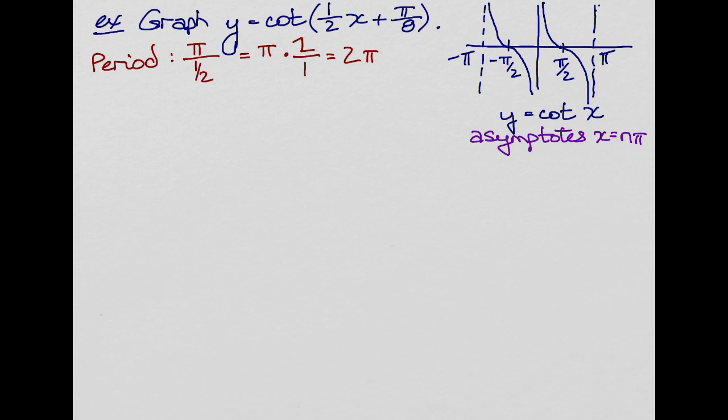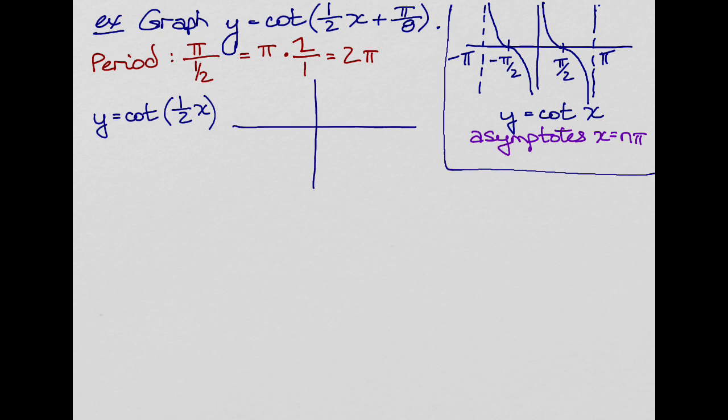Well, all right, let's see what we have so far then. If I do just y equals cotangent of 1/2 x, that's just for reference over there, it's still going to look the same because I haven't moved it anywhere, but it's going to stretch out.